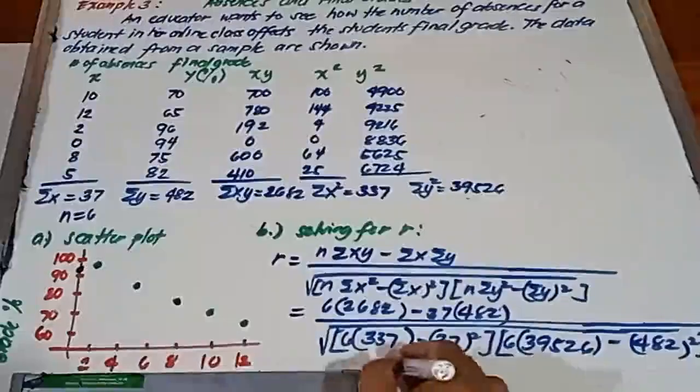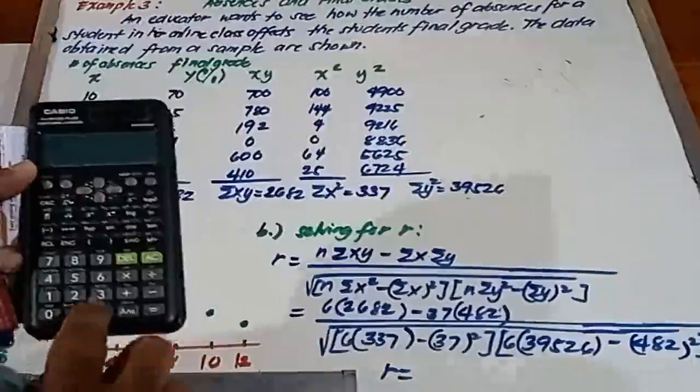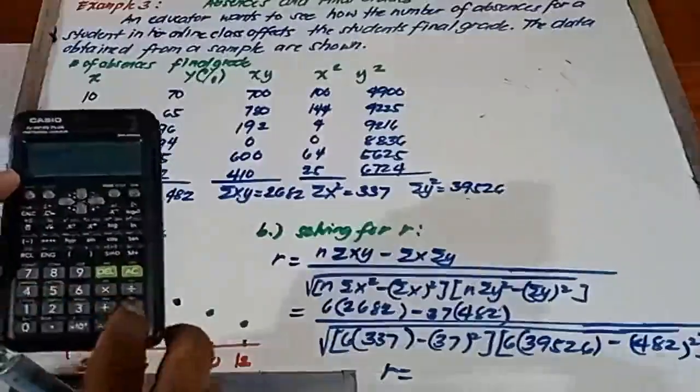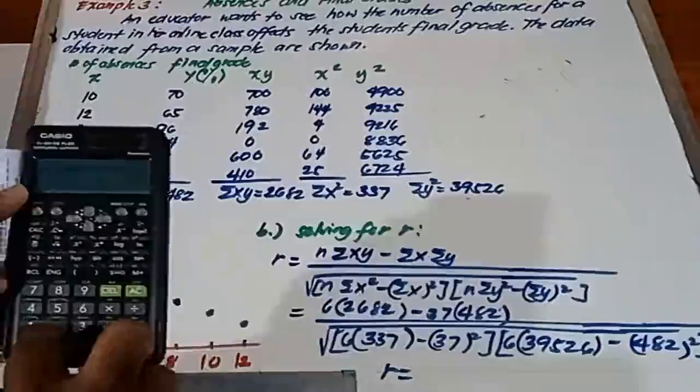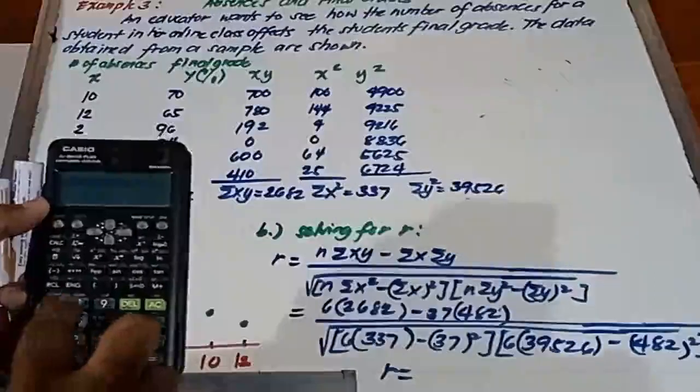Okay, so gamit yung ating scientific calculator, we have fraction 6 times 2682, okay, minus 37 times 482.